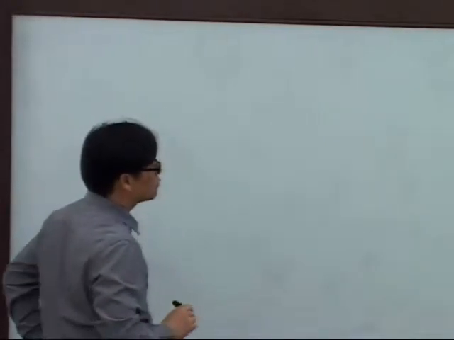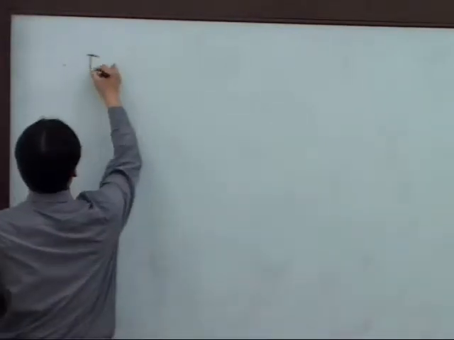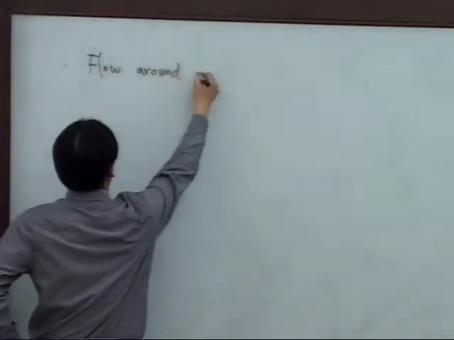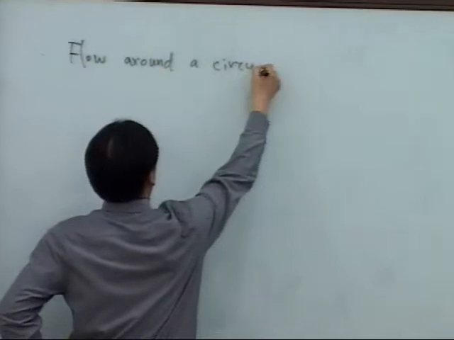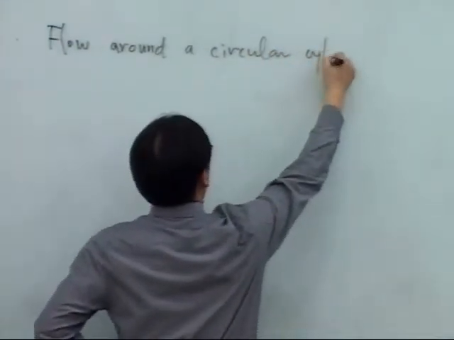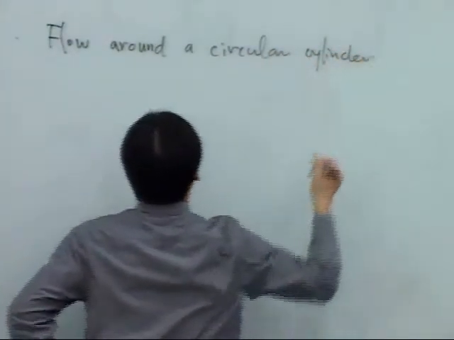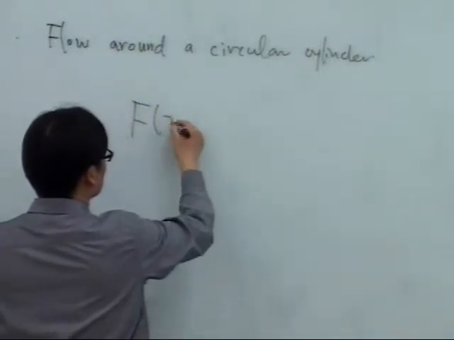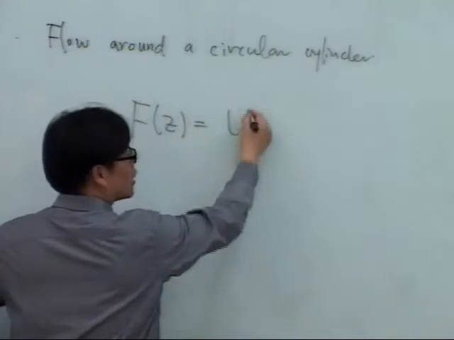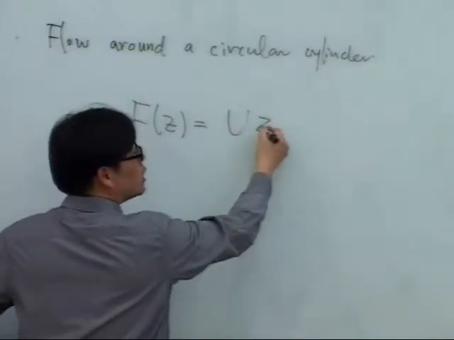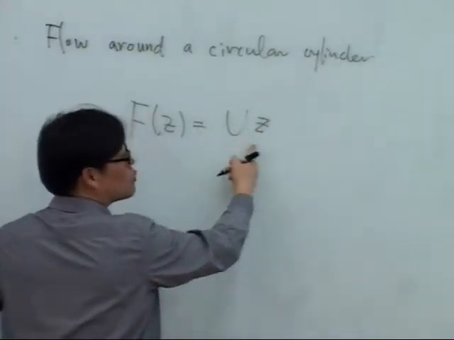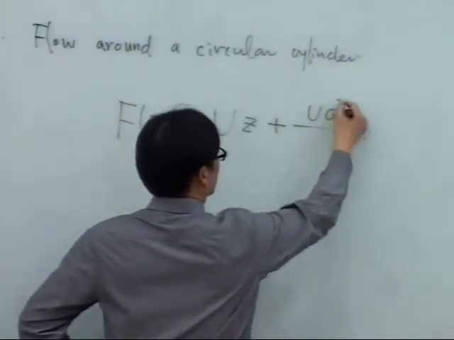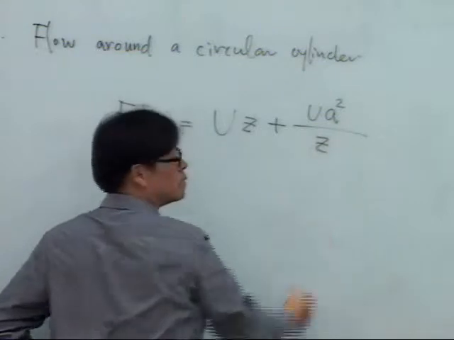So, for example, for flow around a circular cylinder, we can write the complex potential f of z as a linear combination of U times z, which is a uniform stream, plus U a squared divided by z.